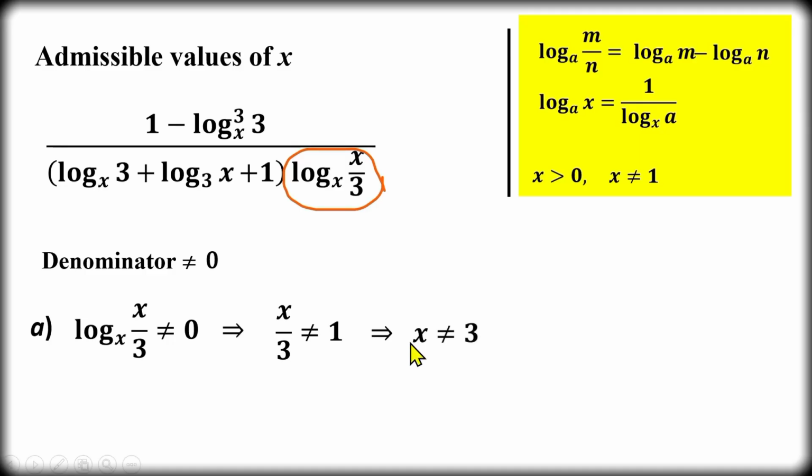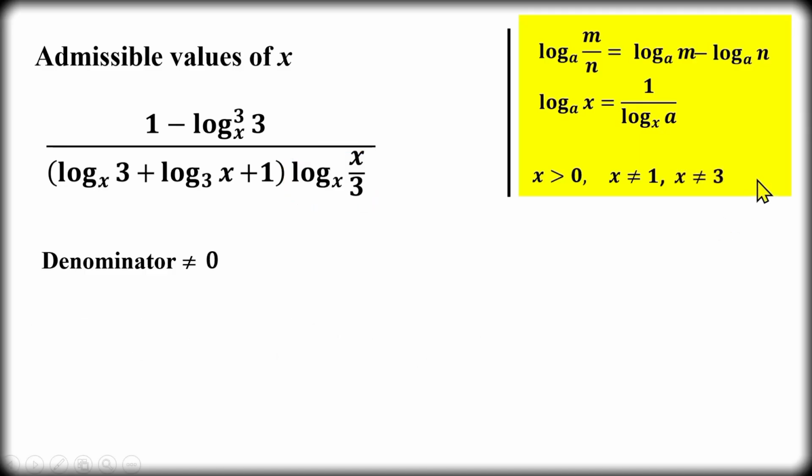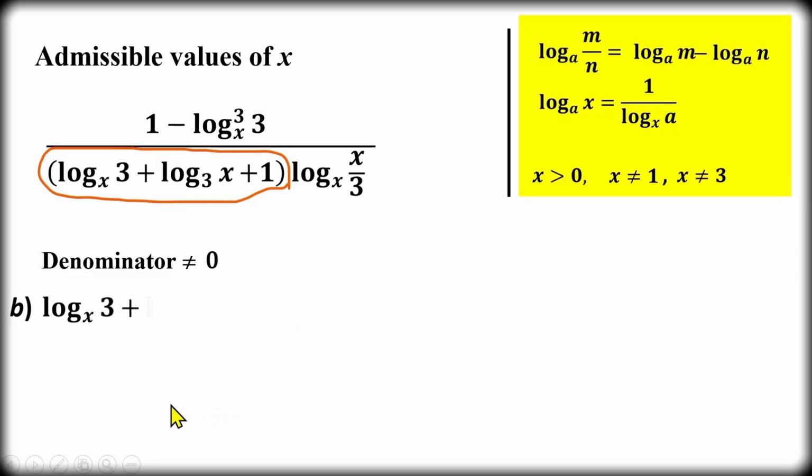We rewrite this here, and we will analyze the second multiplier. It must be not equal to 0. We will use this property here and rewrite this term in the following form.